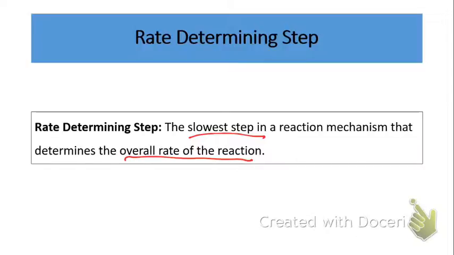Think about a track analogy. When you're running a relay in track, the relay team is only as fast as really the slowest person on that team. And you can think of the same thing with a reaction mechanism. The slowest step is really going to dictate the rate of the chemical reaction.